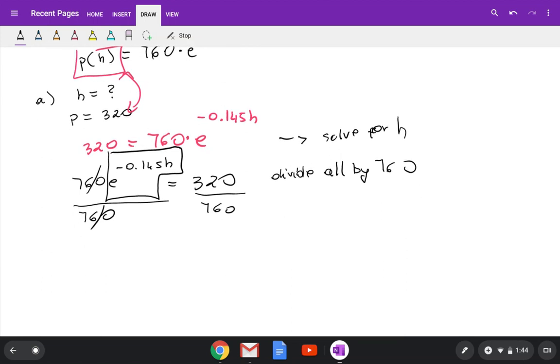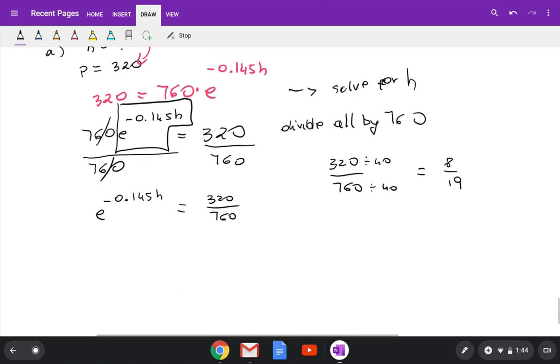So I have e to the power of negative 0.145h equals 320 over 760. Let me reduce the fraction 320 over 760. I believe both of them you can divide by 40. And that will give you 8 over 19. So we have e to the power of negative 0.145h equals 8 over 19.